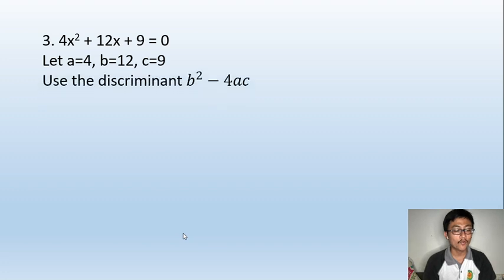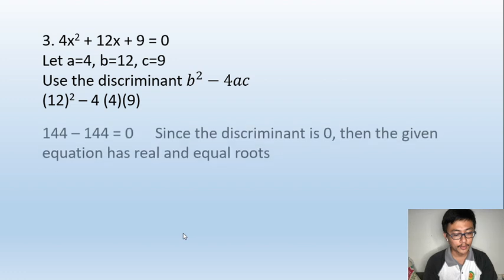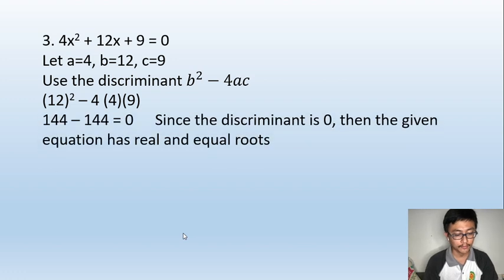Using the discriminant b squared minus 4ac, that is 12 squared minus 4 times 4 times 9. 12 squared is 144 minus 4 times 4 times 9, that's 144, equals 0. Since the discriminant is 0, then the given equation has real and equal roots. So lumalabas, isa lang yung solution dito sa equation na to.